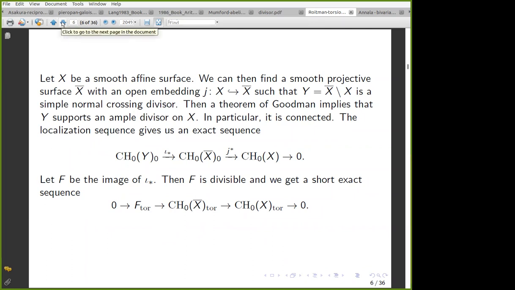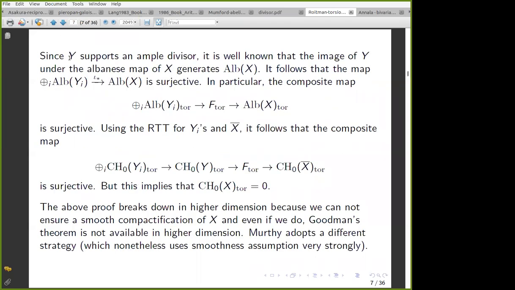Yeah, you just need only this sort of exact sequence. So now again, because Y supports an ample divisor, it's not hard to see that the image of Y under the Albanese map must generate the Albanese variety. This is an observation in algebraic geometry.